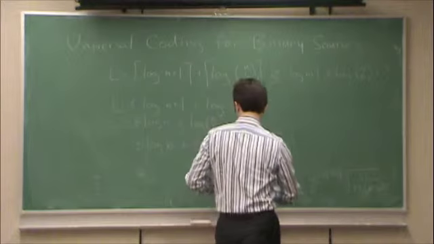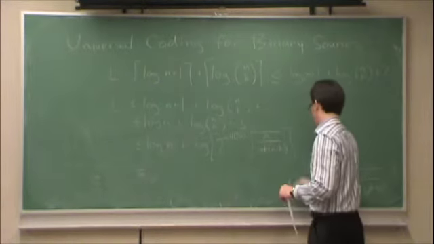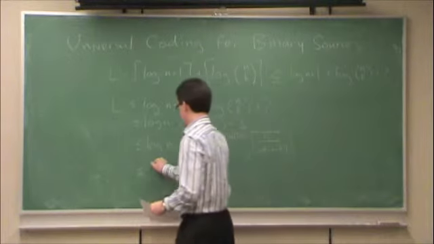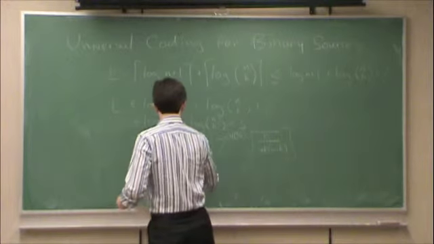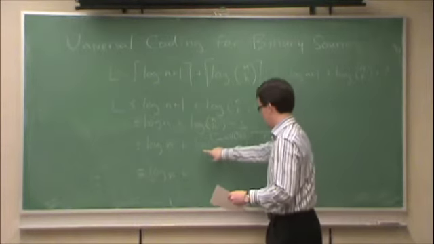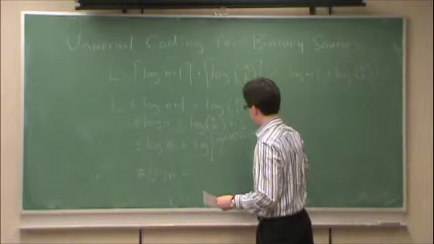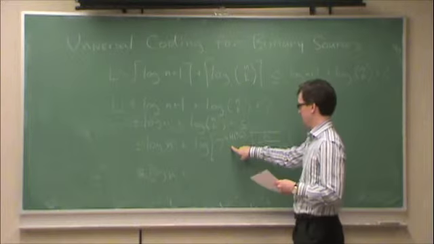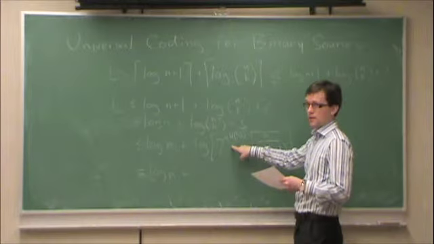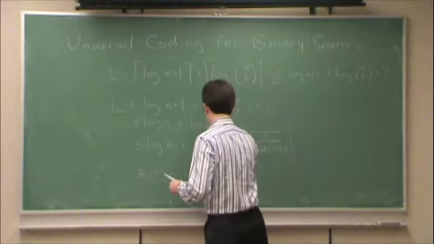Now it's just manipulation. So I've already used this, let's erase that. This is equal to log n plus, okay, log of this times that is log of this plus log of that. Log of 2 to the n h k over n is what? n h k over n.